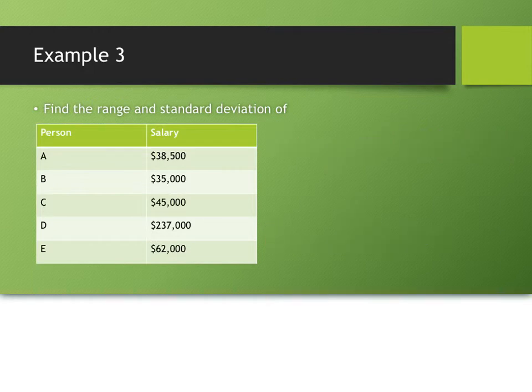So in order to calculate the standard deviation, what you have to do, and this is going to look a little bit ugly, is take 38,500, subtract off 83,500, square it. Do the same thing for 35,000.